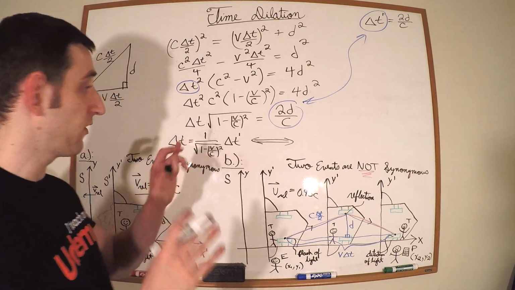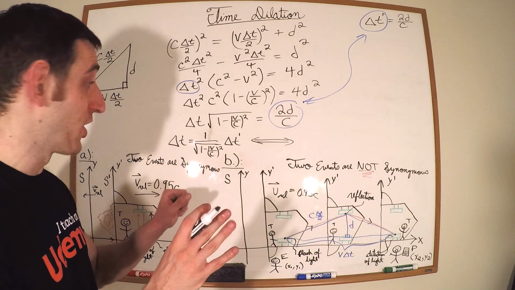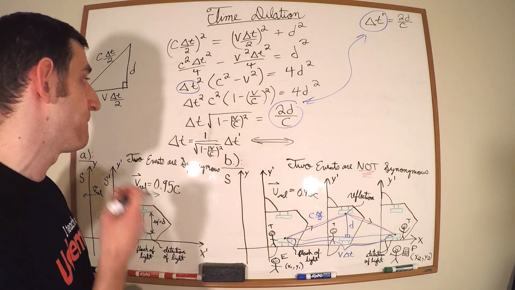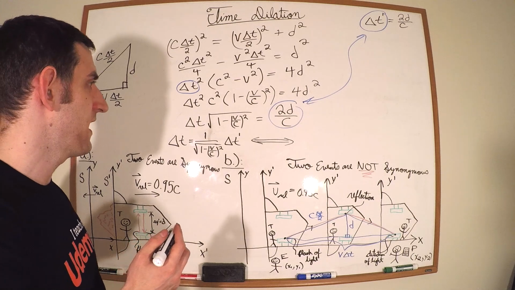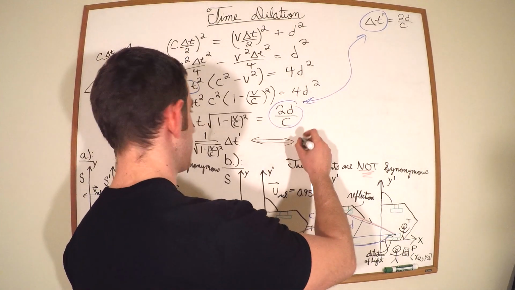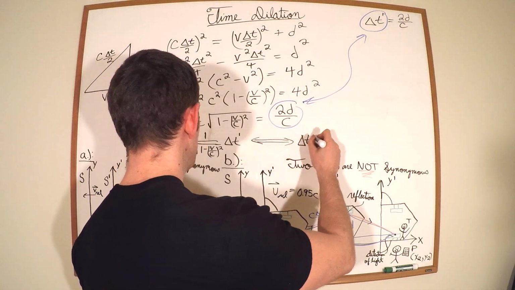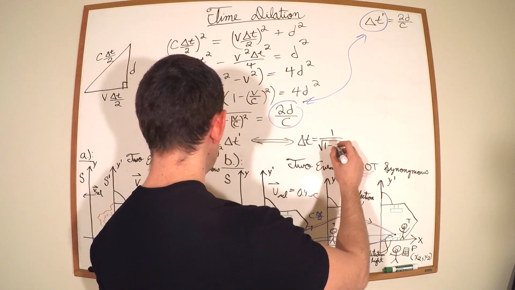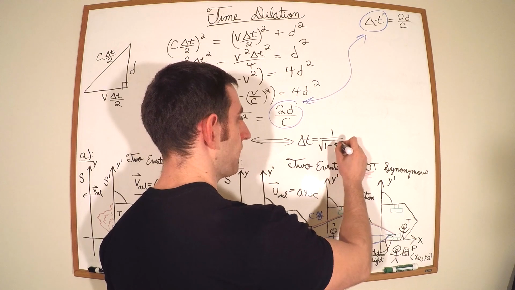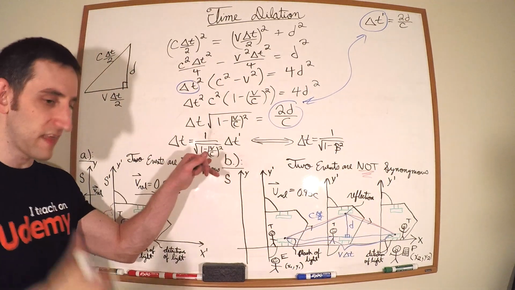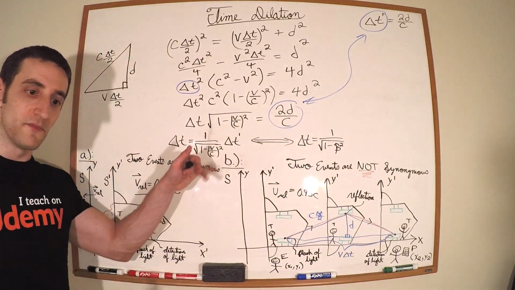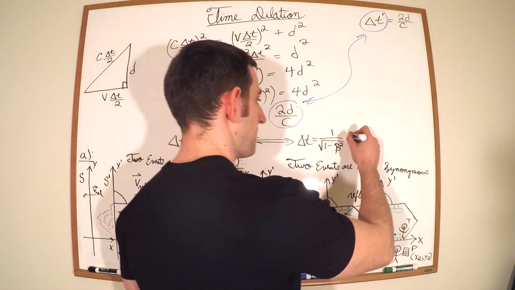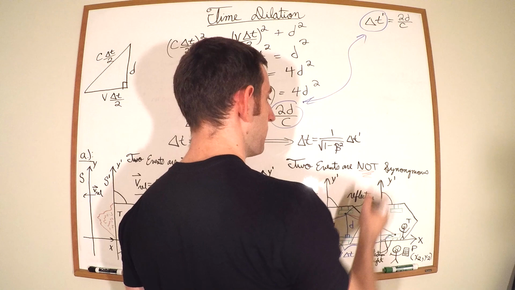We got a lot of stuff going on here, so I'm going to factor this out. Delta t is equal to 1 over the square root of 1 minus beta squared, where beta is v over c, that's the relativistic speed relative to the speed of light, times delta t prime.